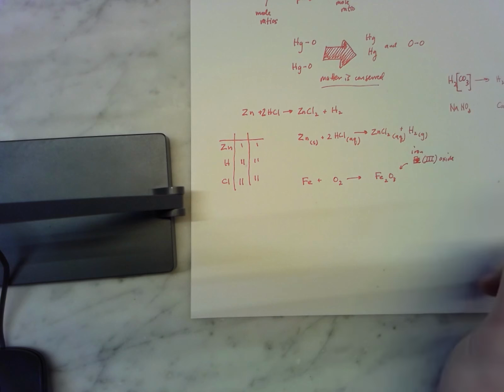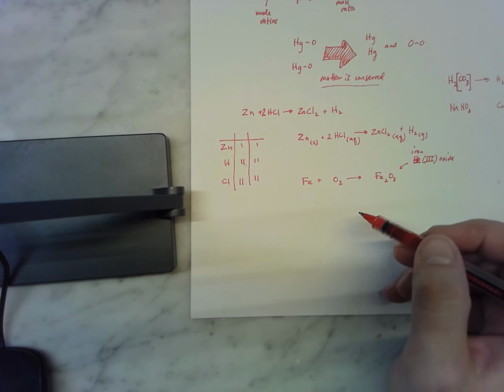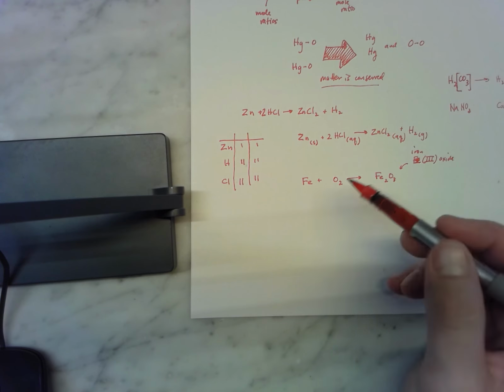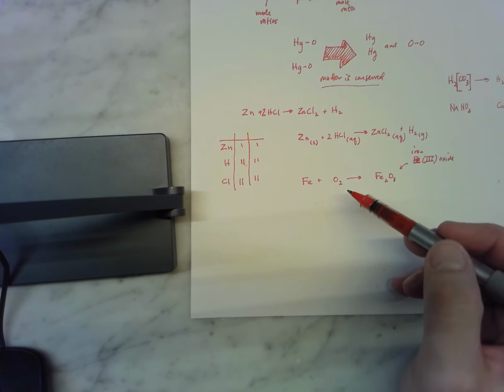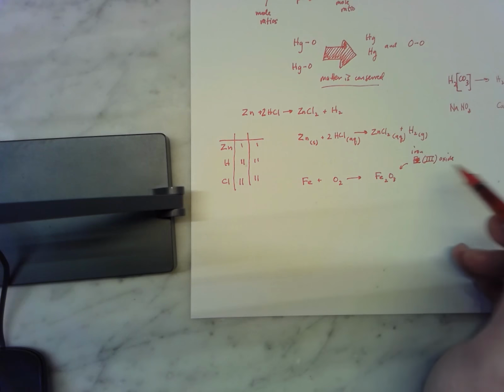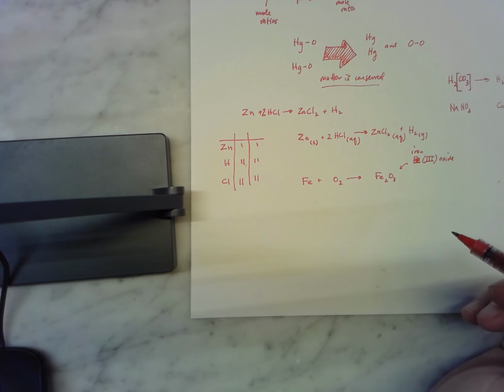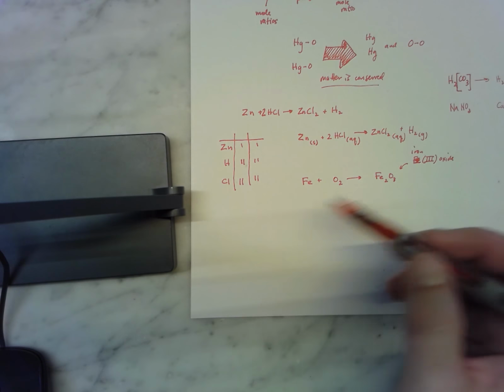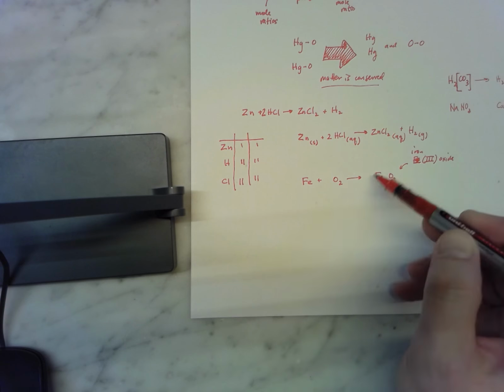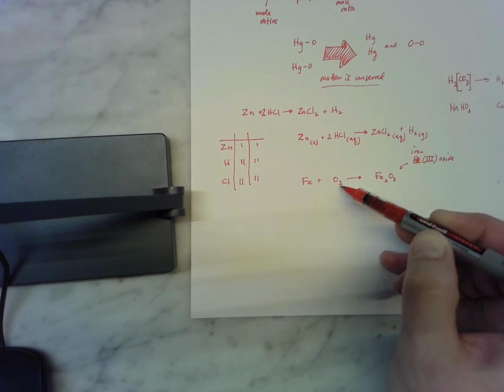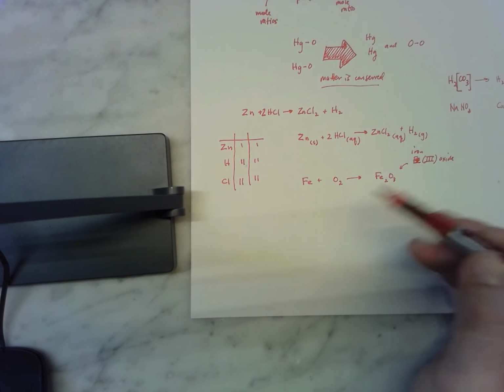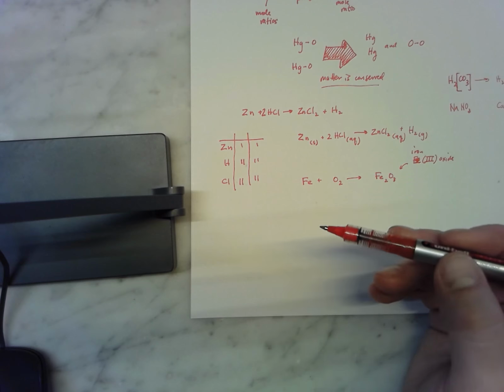You can be asked, all right, iron and oxygen combine to form iron(III) oxide. Write a balanced equation for that. You would have to take that all the way from nothing to writing this. You might not be given this. You might not be told that this is diatomic. Those are all ways that you can be tested on these kinds of things.